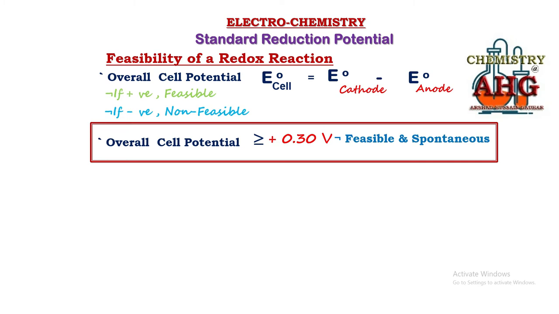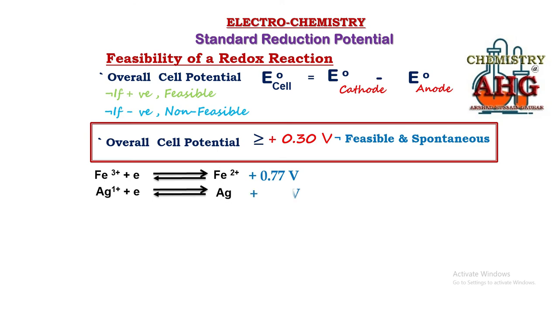Now I'm going to give you some examples of how the feasibility of a redox reaction can be decided with the help of standard reduction potential. Let's suppose in this first example you have been given two half cells, one half cell containing Fe3+ and Fe2+, and its standard reduction potential will be available to you, and the other half cell is that of silver, its standard reduction potential is also available to you.